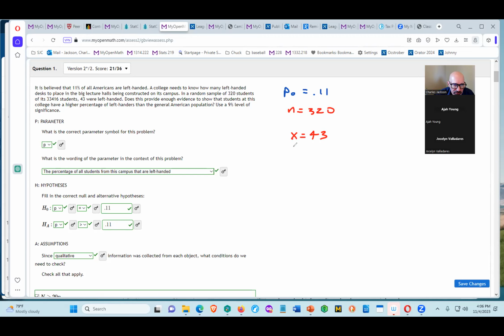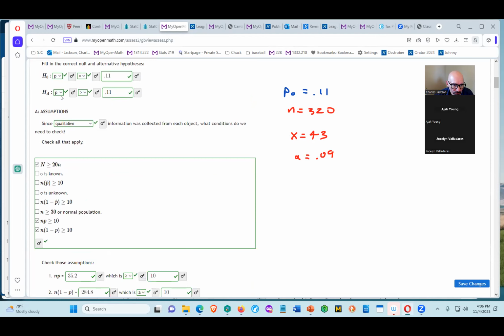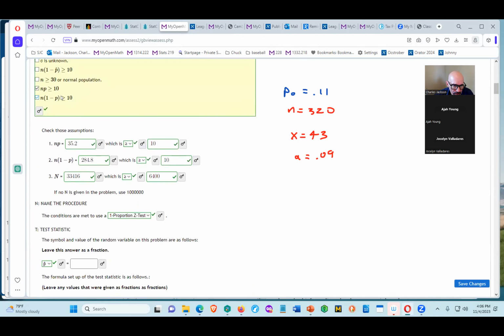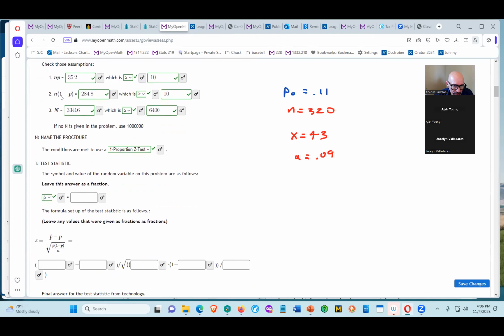Okay, sample of 320. Oh, okay. So we don't even need the 33,416, I don't think. Okay, so alpha equals 0.09. Good.